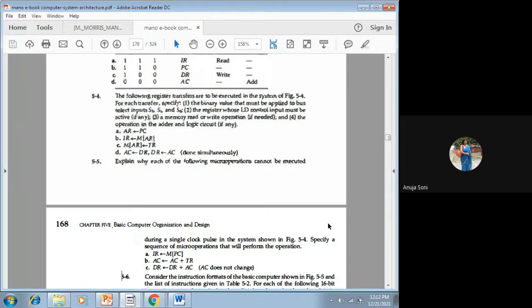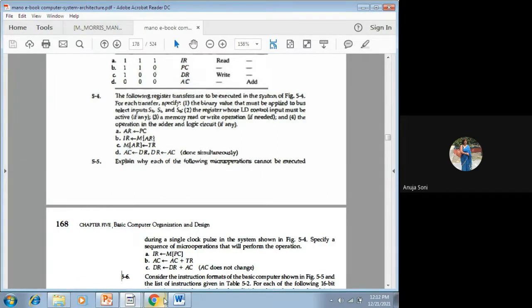Rather changed. Question number 5 is, explain why each of the following micro operations cannot be executed during a single clock pulse in the system shown in the same diagram we are talking about. During this single clock pulse means, what it is saying actually, explain why each of the following micro operations cannot be executed during a single clock pulse.